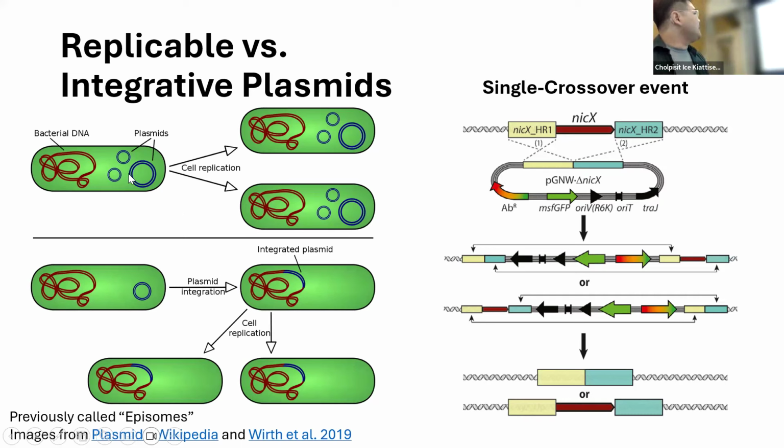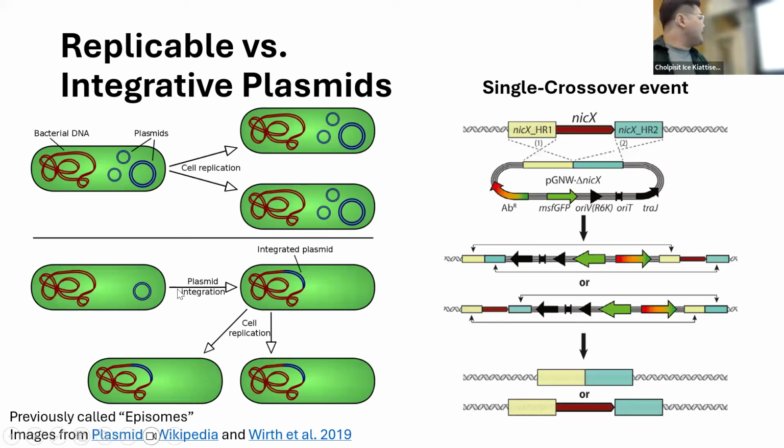If you take a look right here, the plasmid that gets into the bacteria, in this box of things, if they can stay in the cell as a standalone component, and once the cell divides or replicates into multiple cells, if they can stay as a circular DNA independent of the genome, that's something we consider a replicable plasmid.